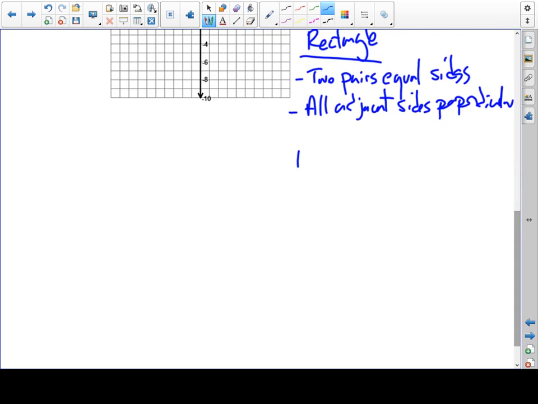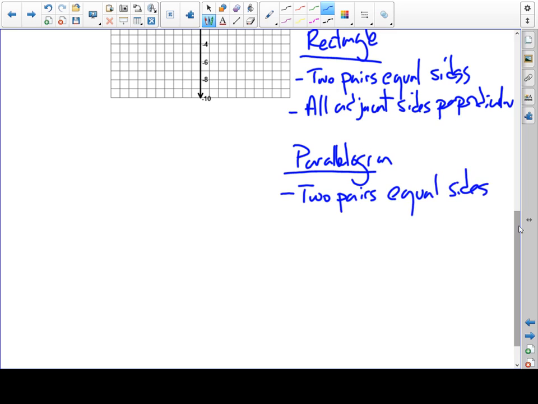So parallelogram. A parallelogram is like a rectangle that's been tipped over. So it also has two pairs of equal sides, but adjacent sides are not perpendicular.